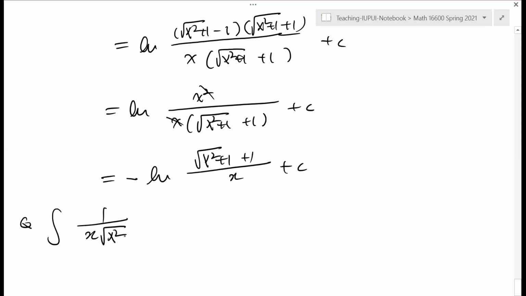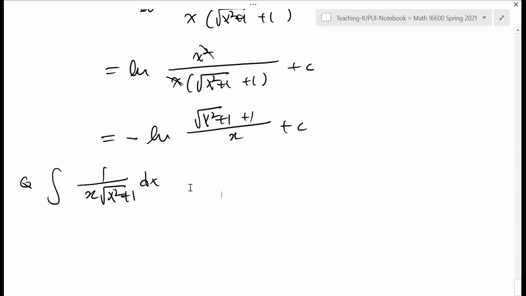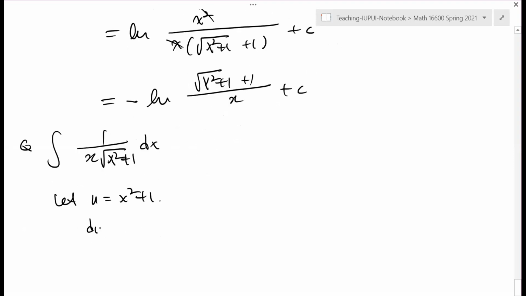I still have this function, right? Some students say, well, I don't like the square root of x squared plus 1, so why not let u be x squared plus 1? Let's try this. Sometimes it fails, sometimes it succeeds. Then du is 2x dx.